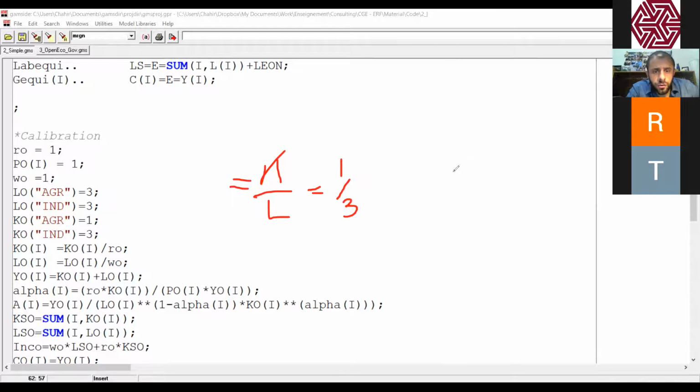For industry, if I calculate the same ratio, the capital to labor ratio will be 3/3, which is equal to 1, correct? So this means that the capital labor ratio of industry is greater than the capital labor ratio of agriculture. And this will be the main driver of my results. Is that clear?